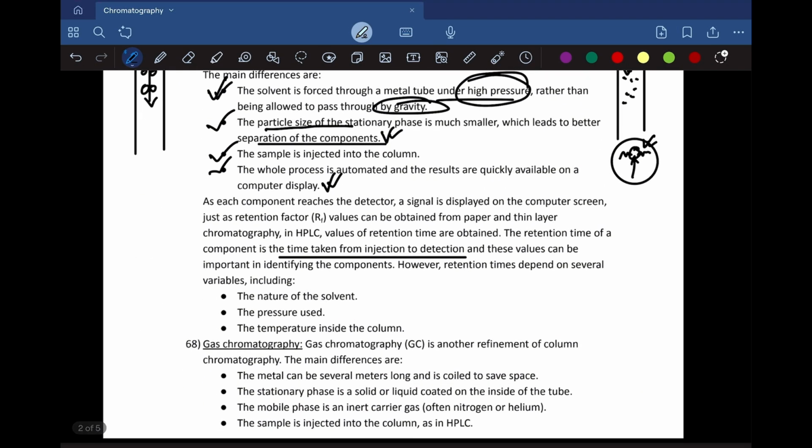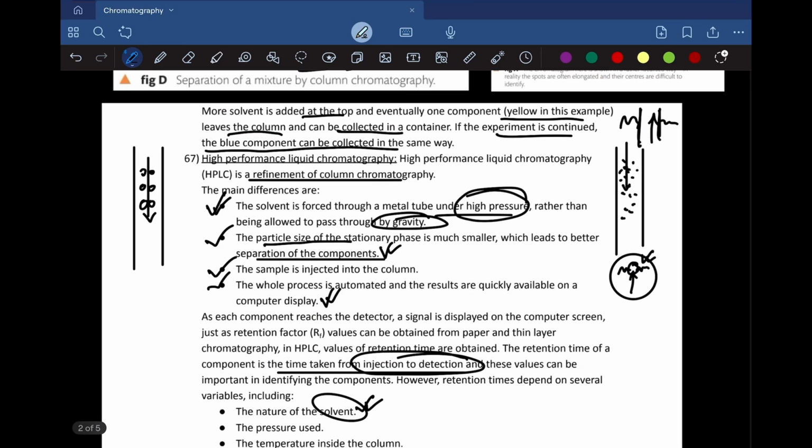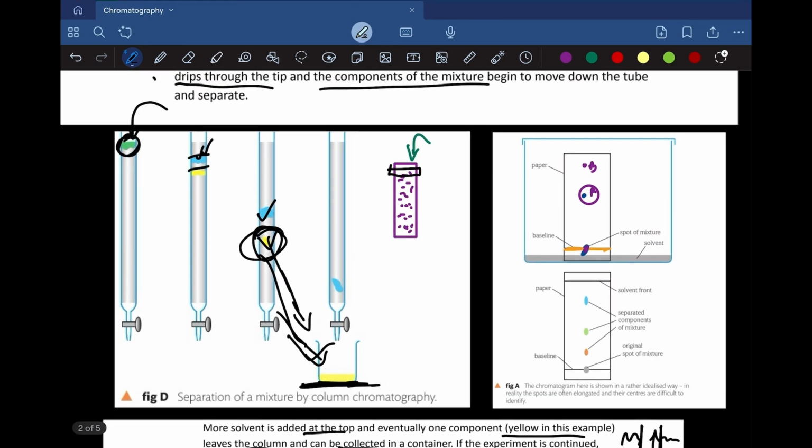The retention time is the time taken from injection to detection by the detector. This retention time depends upon a couple of things. The first thing is the nature of the solvent. Let's say the solvent is very strong. It will take the mixture with itself and make it fall as quickly as possible.